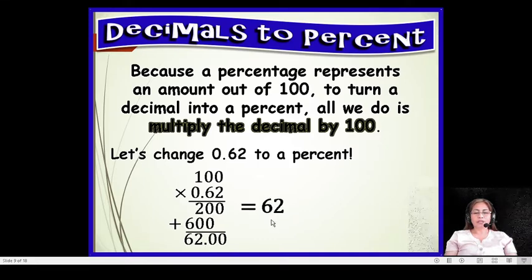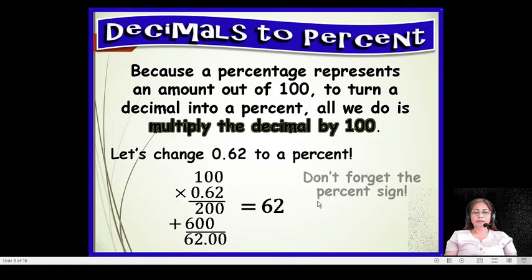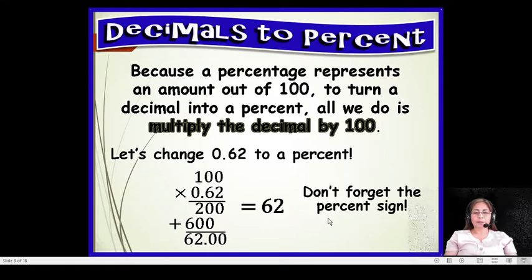Don't forget the percent sign, and it's 62%. So 62 hundredths times 100 equals 62. Then write the percent symbol, and it's 62%.